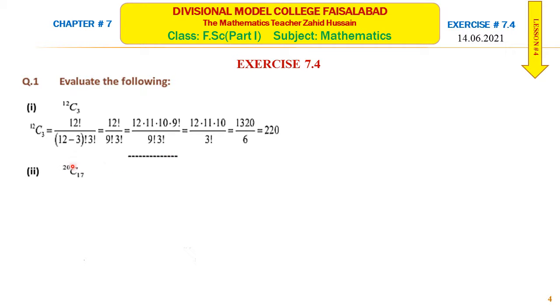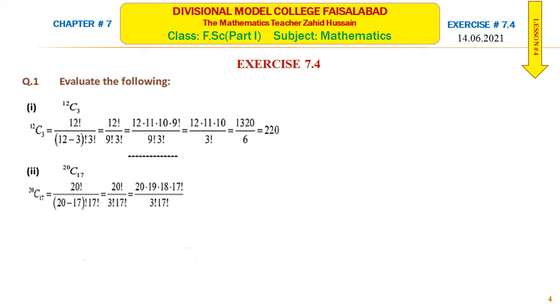Then calculate 20C17, the combination of 20 objects taken 17 at a time. This is equal to 20 factorial over (20 minus 17) factorial into 17 factorial, which is 20 factorial over 3 factorial into 17 factorial. This is equal to 20 into 19 into 18 into 17 factorial over 3 factorial into 17 factorial.